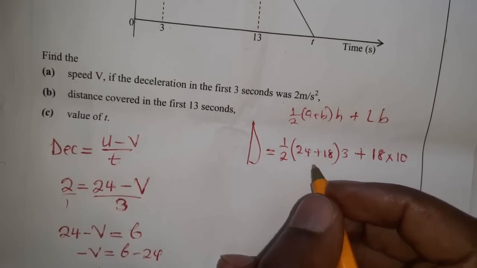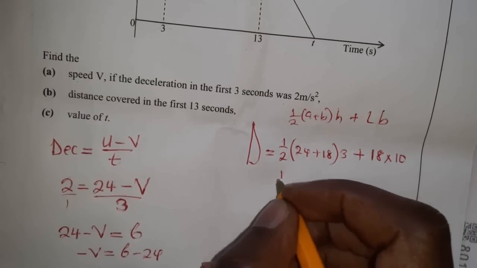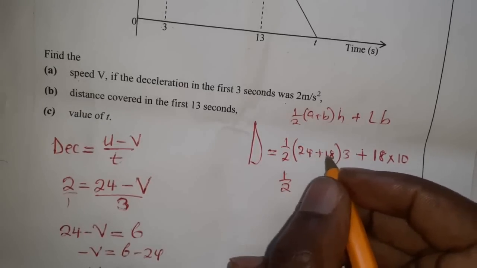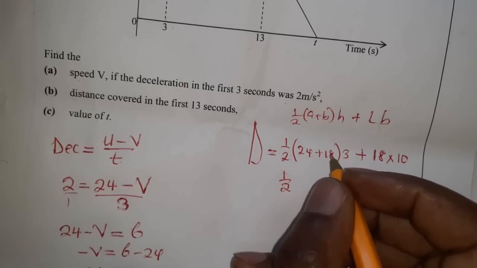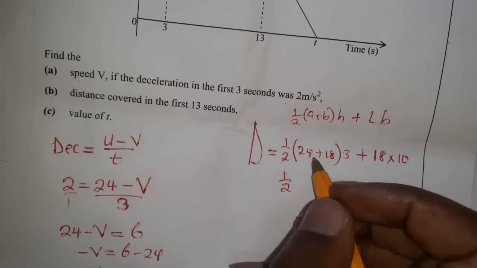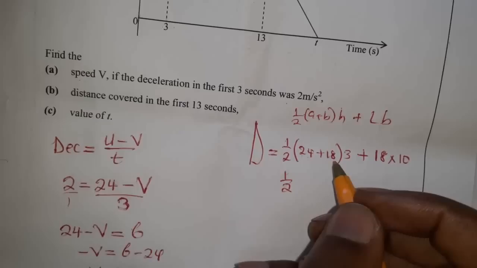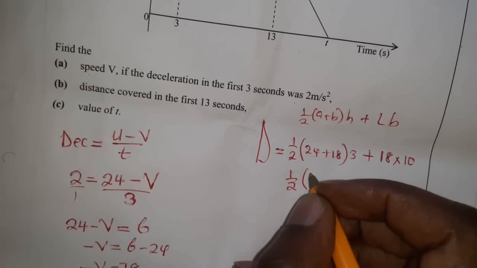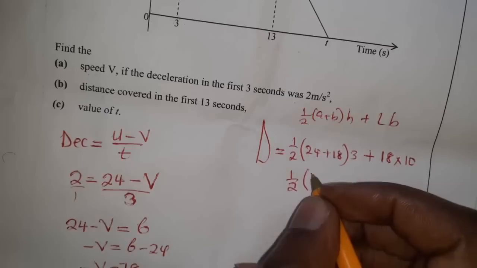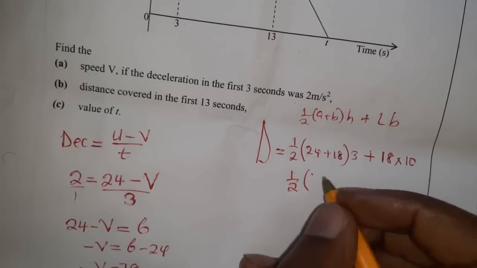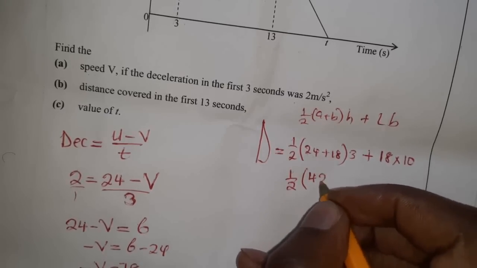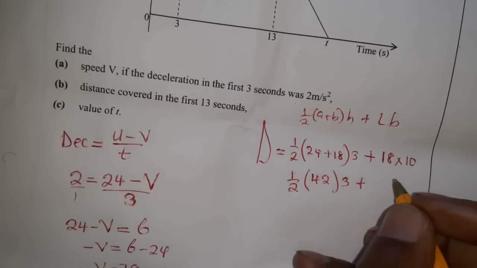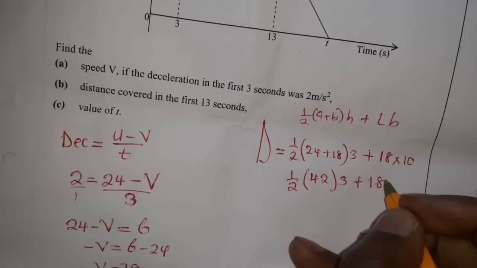This is going to give us 1 over 2, we need to add these two, which gives us 42, times 3, plus 180 here.